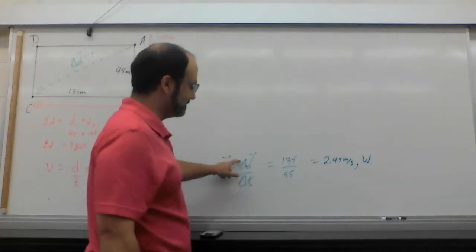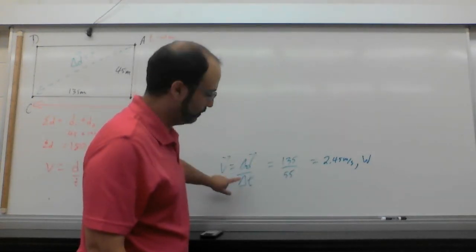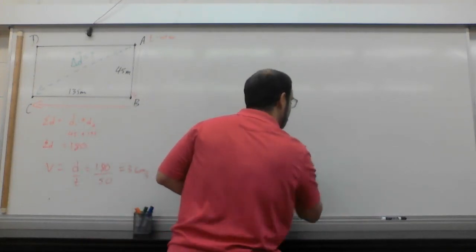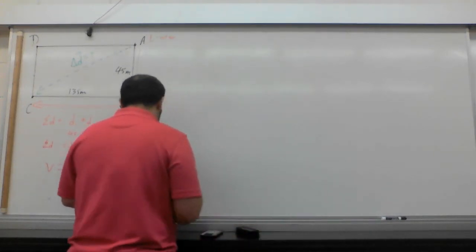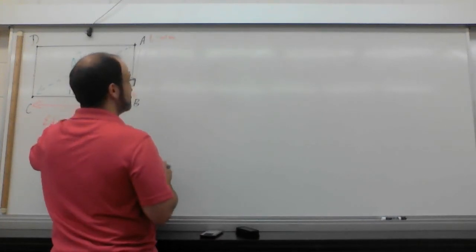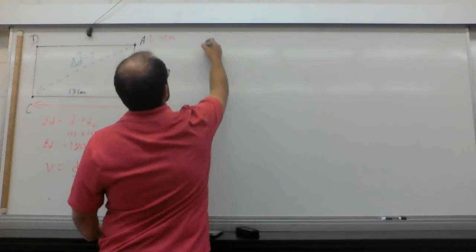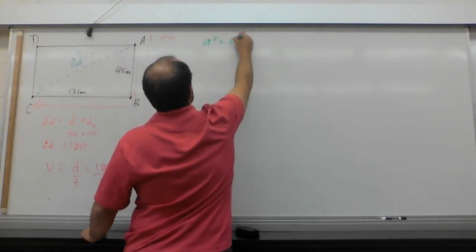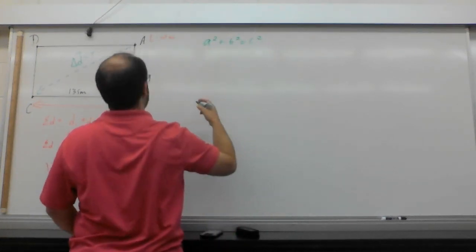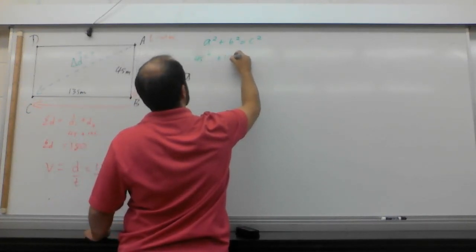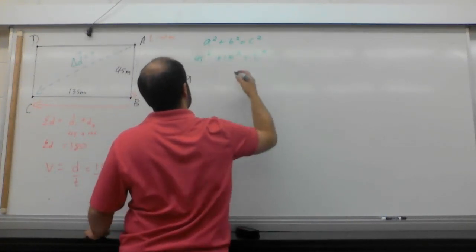Our calculation is still d over t. We have t, we need d. So we need to find ourselves our displacement. The displacement of anything in 2 dimensions can be found with Pythagoras. All right, so Pythagoras is a squared plus b squared equals c squared. A in this case is 45, so 45 squared plus 135 squared equals c squared.